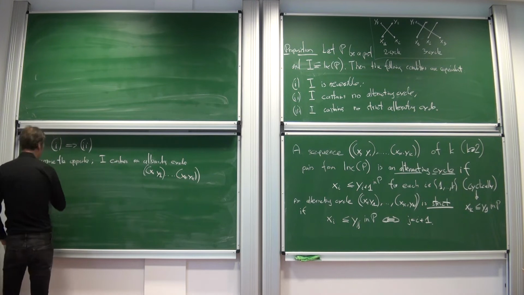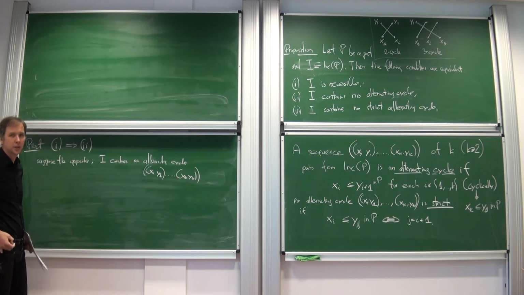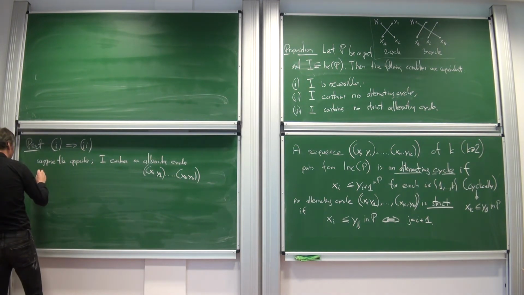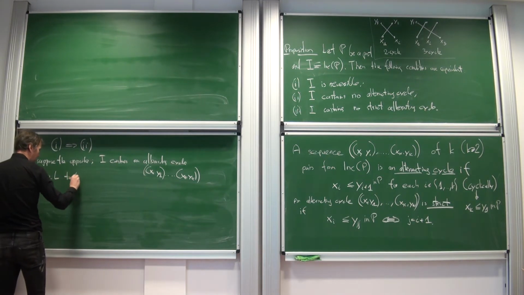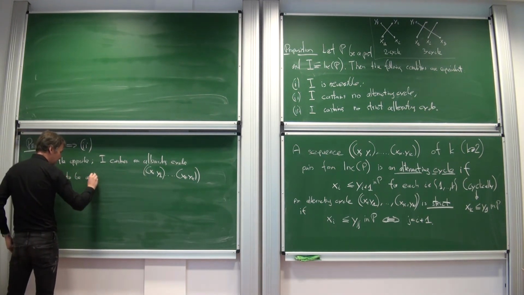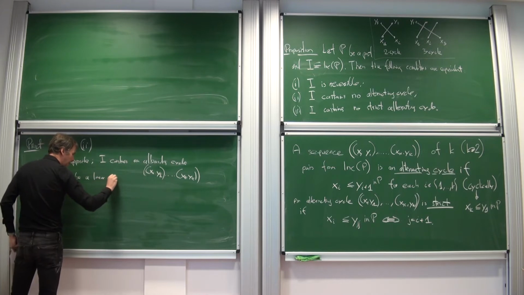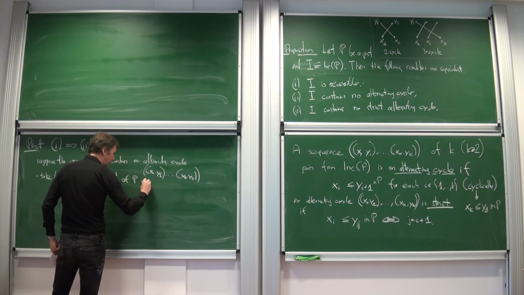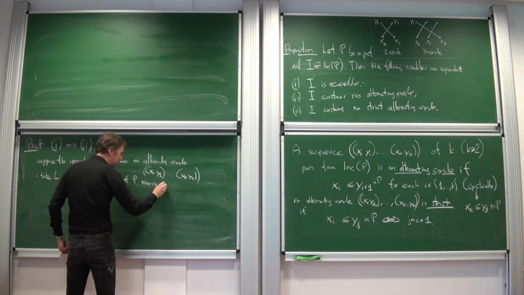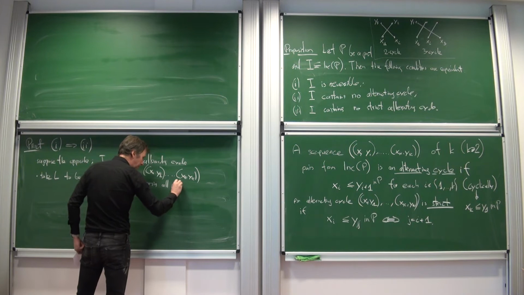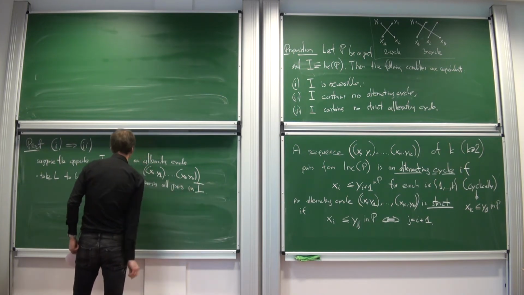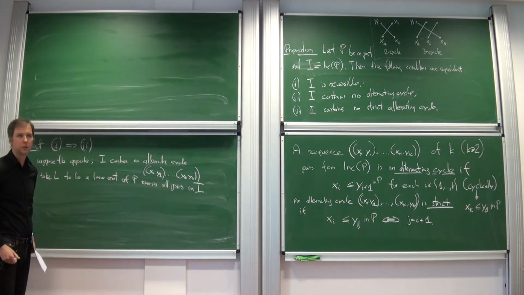And let's also, since I is reversible, take the linear extension that is witnessing it. Take L to be a linear extension of P, reversing all pairs in I. And now immediately you see that something goes wrong.